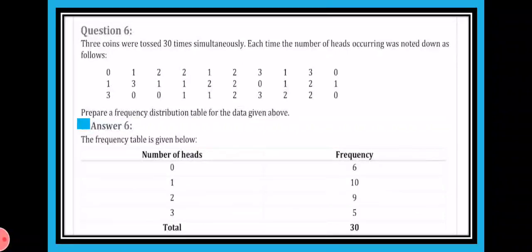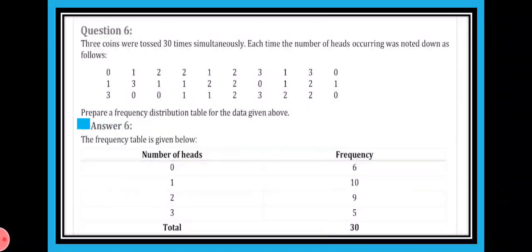Now, number of heads. 3 coins are there, so what will be the outcomes? We have learned this in probability. So number of heads 0, number of heads 1, number of heads 2 and number of heads 3. The first column is number of heads and the second column is frequency, how many times each number of heads comes. Number of heads 0 comes 6 times.